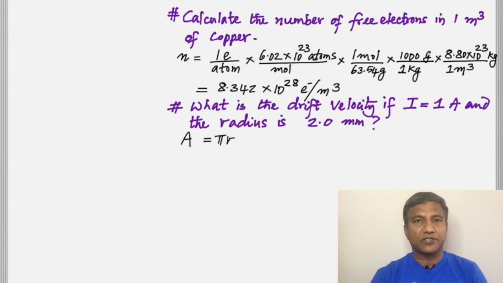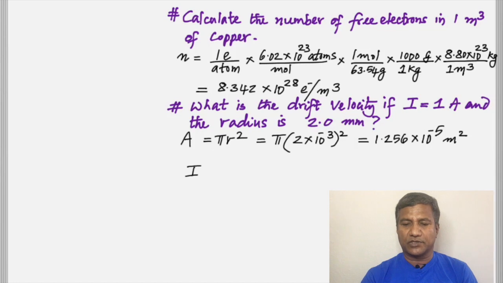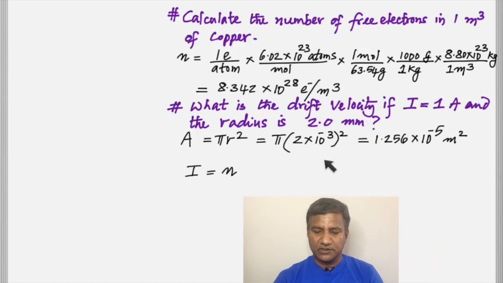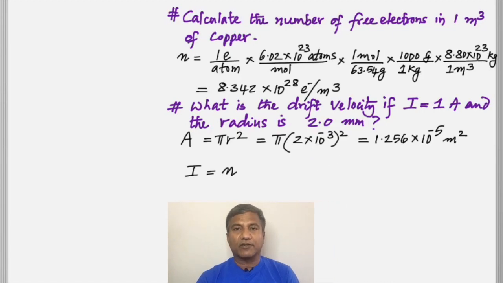Now we have to find the drift velocity, and in order to get it, we have the formula that connects the electric current with the drift velocity. But before that, let's find the area of cross section. The area of cross section is pi r squared, where r is the radius, but the radius has to be in meters, so it's 2 times 10 to the negative 3.